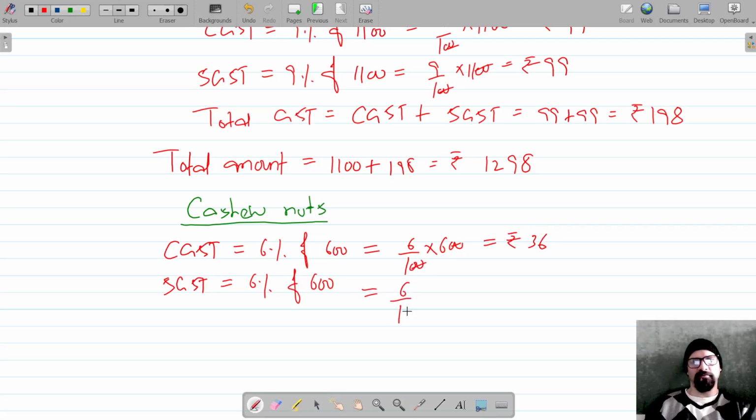This is also equal to 6 by 100 into 600, which is equal to rupees 36. Okay, now let's get the total GST and total amount.